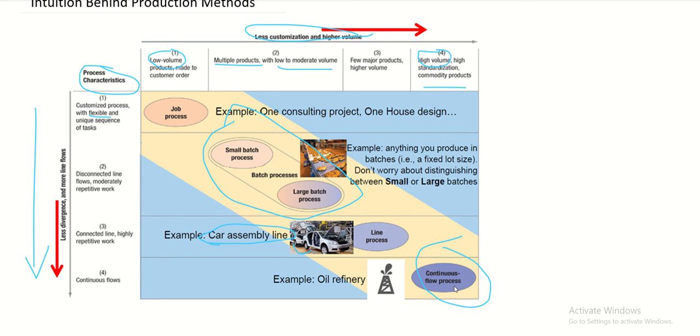Like in the Coca-Cola mega factory, there will probably be a can of Coke flowing seamlessly along the production line. So that will be the difference. Continuous flow process, you usually connect with mega factory, or another term would be mass production, which is basically associated with that term as well.